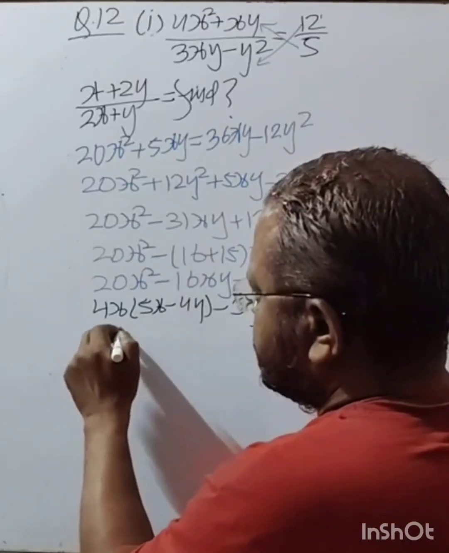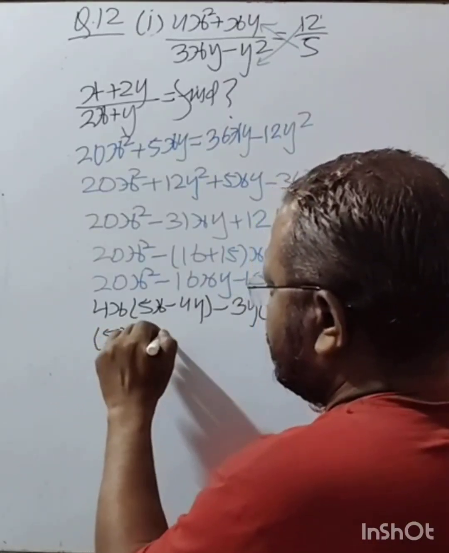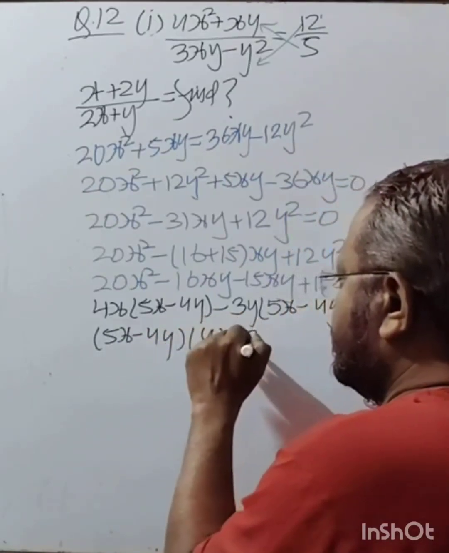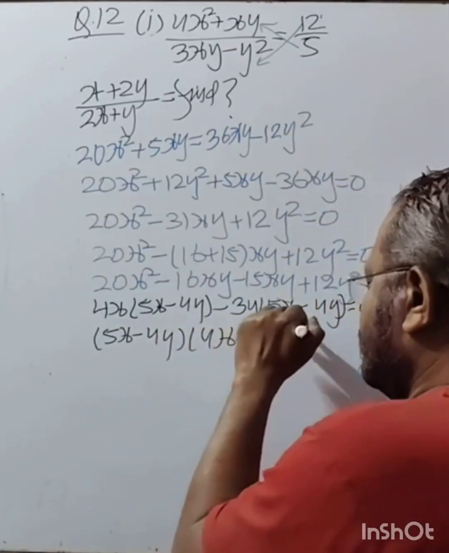So 5x minus 4y is equal to 4x minus 3y is equal to 0.